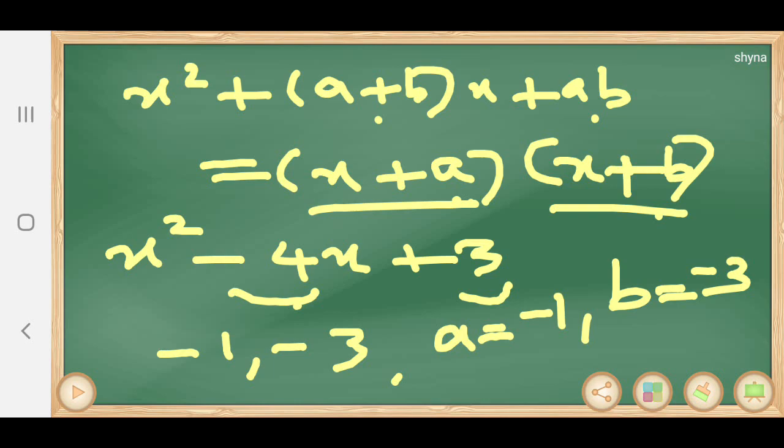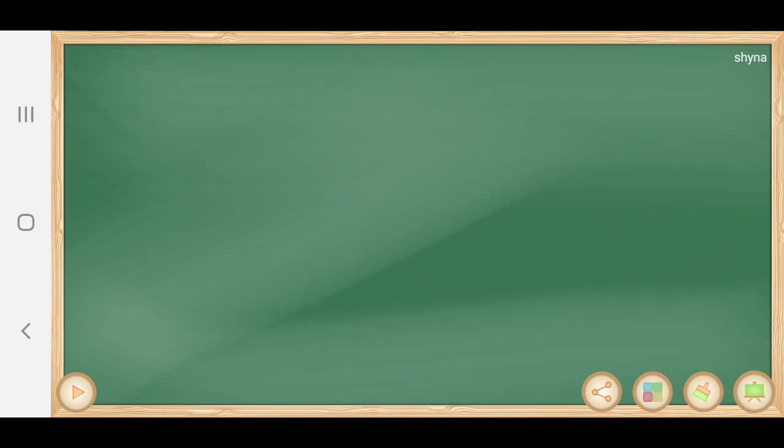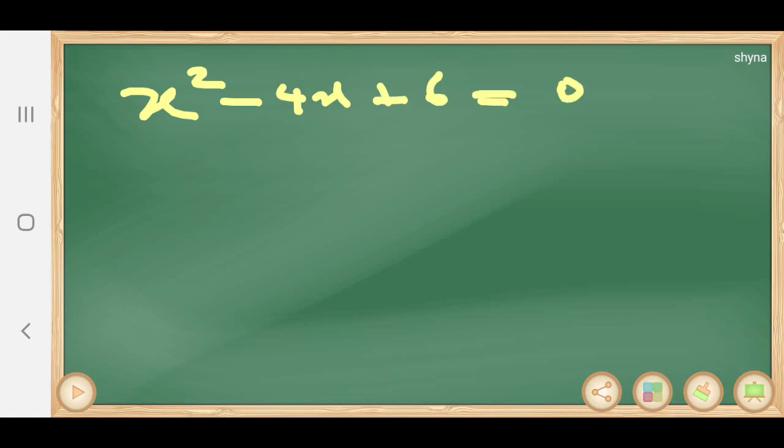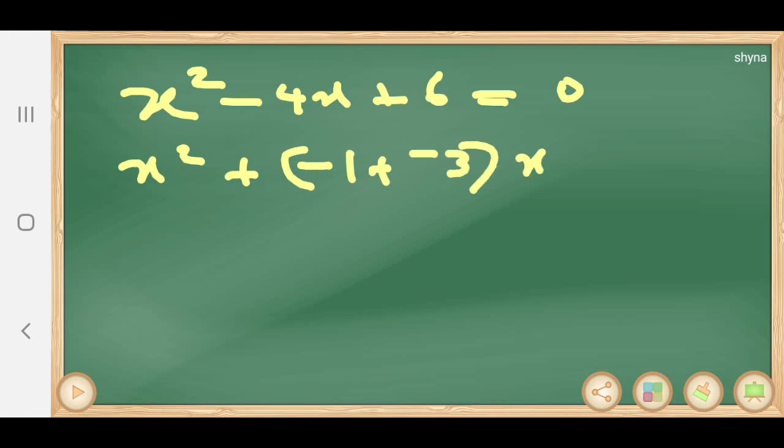I just explained this; if you know this method, there is no need to write this step. Now we can write x square minus 4x plus 3 equal to 0, which we can write as x square plus (minus 1 plus minus 3) into x.